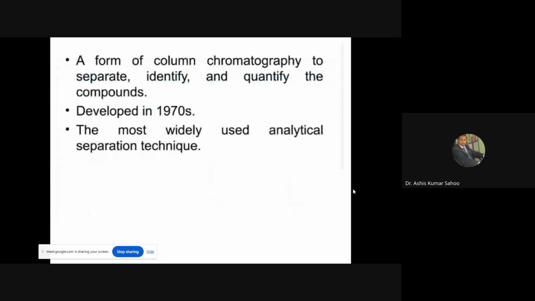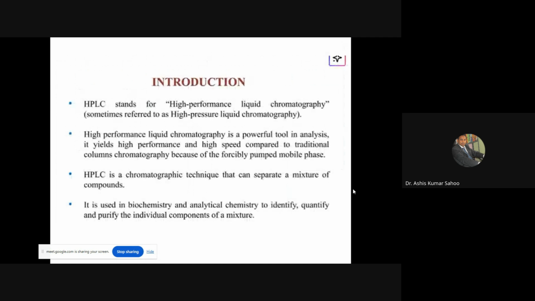Let's discuss. It is a form of column chromatography used to separate, identify, and quantify compounds, developed in 1970. The most widely used analytical separation technique is HPLC, which stands for high performance liquid chromatography, sometimes high pressure liquid chromatography.